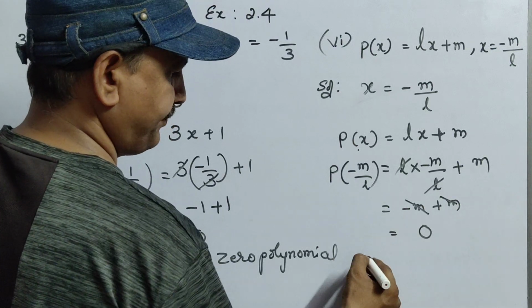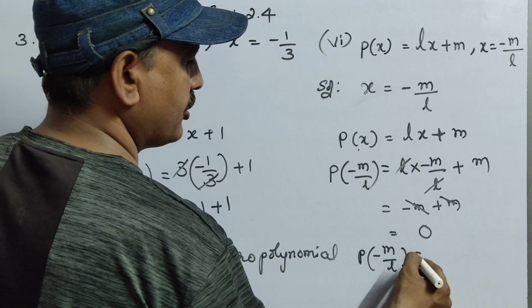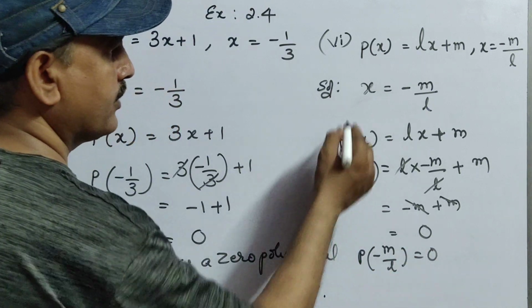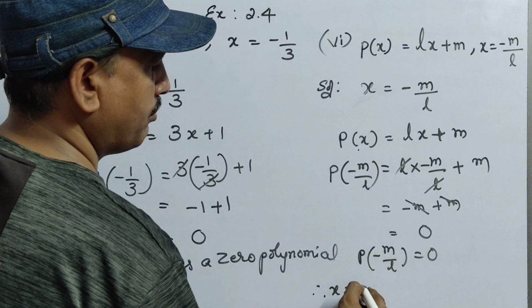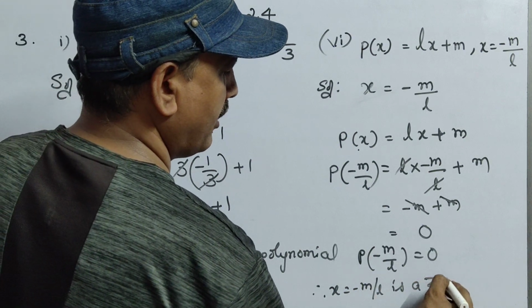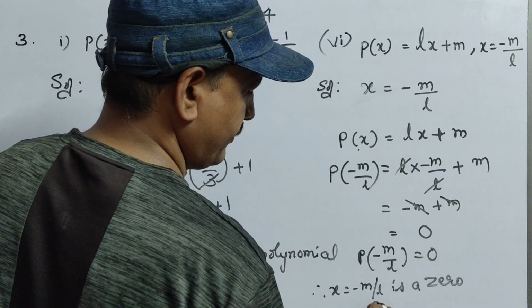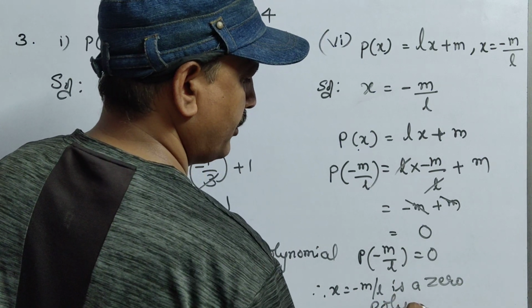So we got 0. So P of minus m by L is 0. Therefore x equals minus m by L is a zero of the polynomial. No problem.